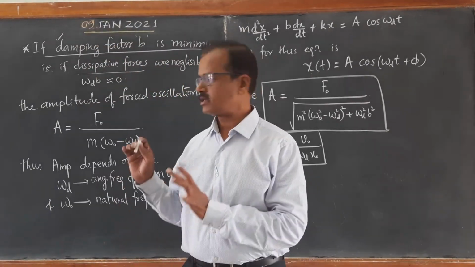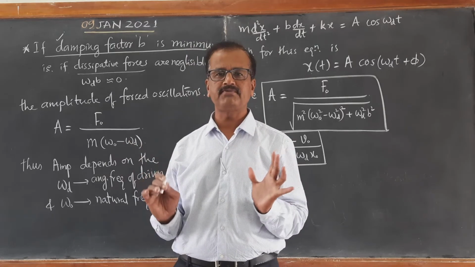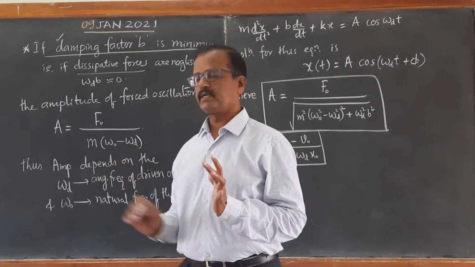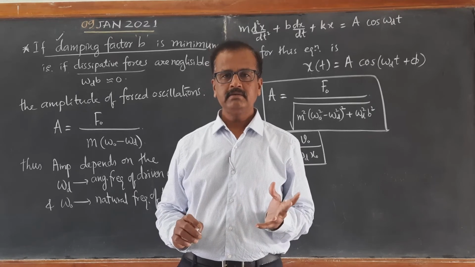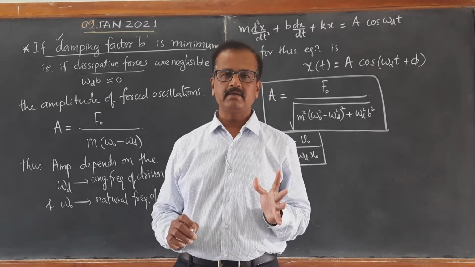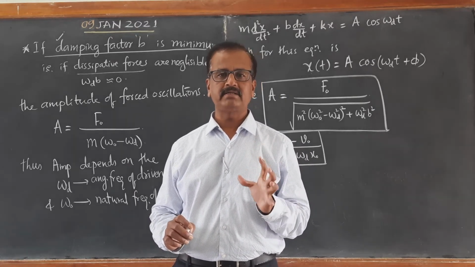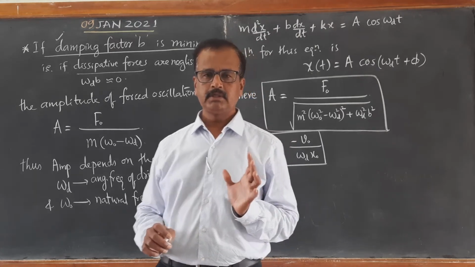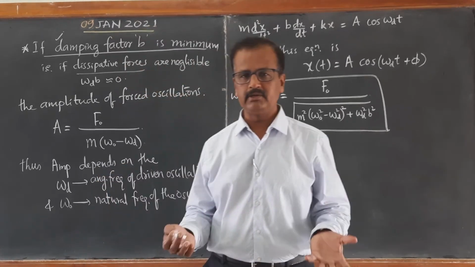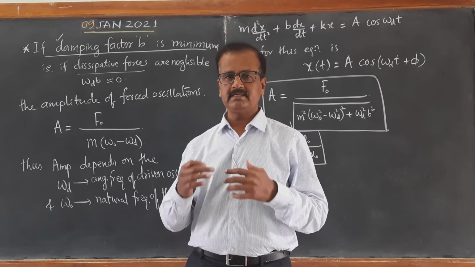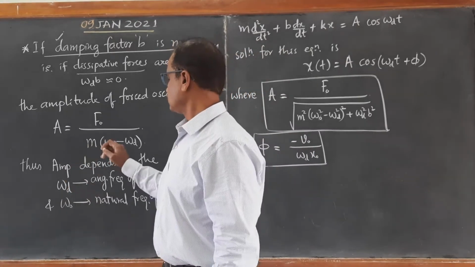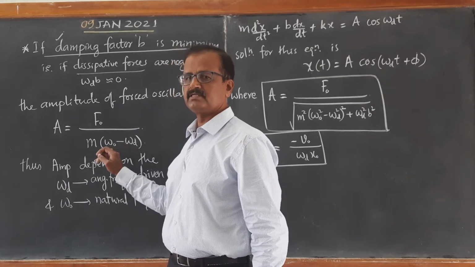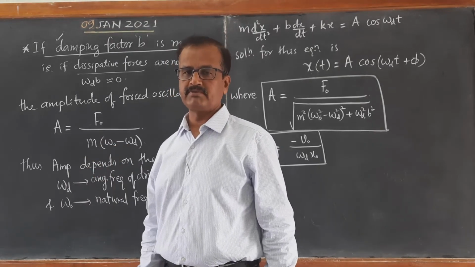So if we draw the graph of amplitude versus the frequency, then we get the idea. There we consider the damping factor b to be minimum. So for various values of b, it takes various values of amplitude as the driving frequency is approaching the natural frequency.